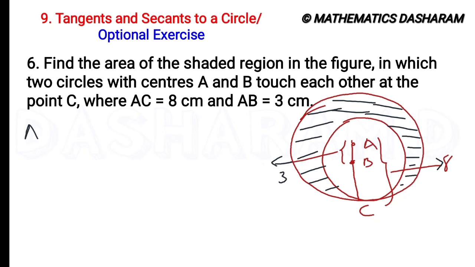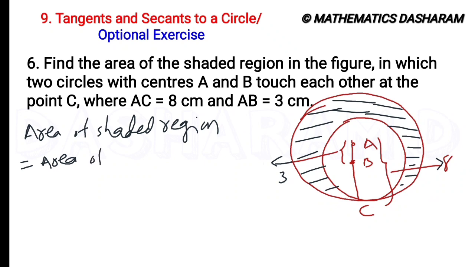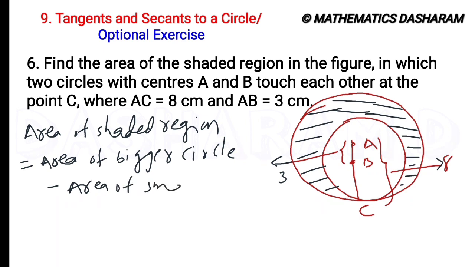So area of a shaded region is equal to area of a circle, otherwise area of the bigger circle minus area of the smaller circle.